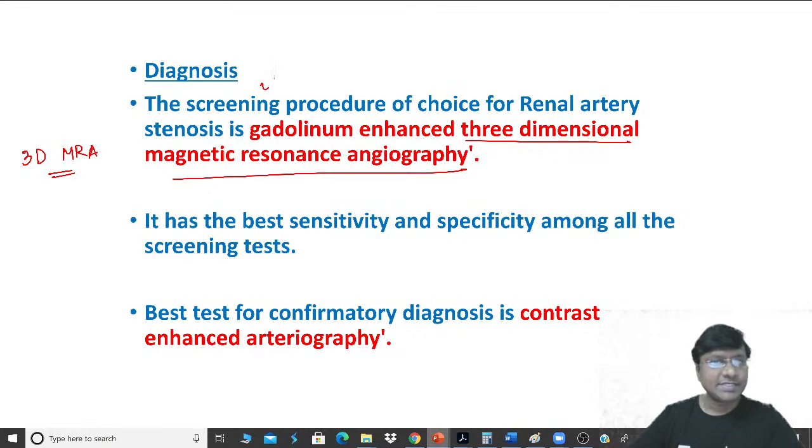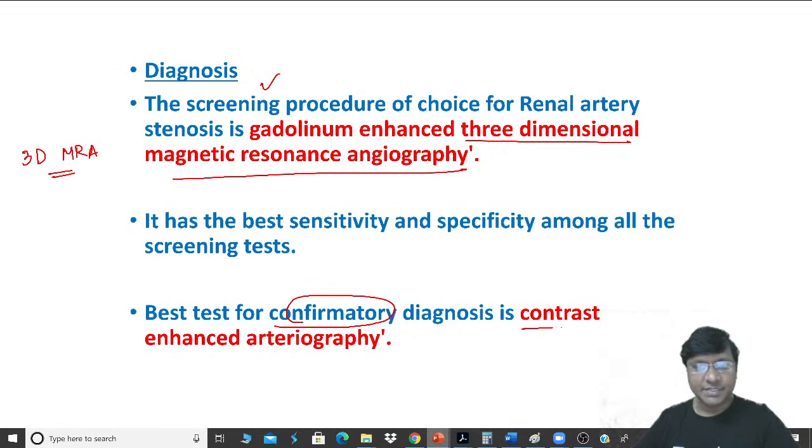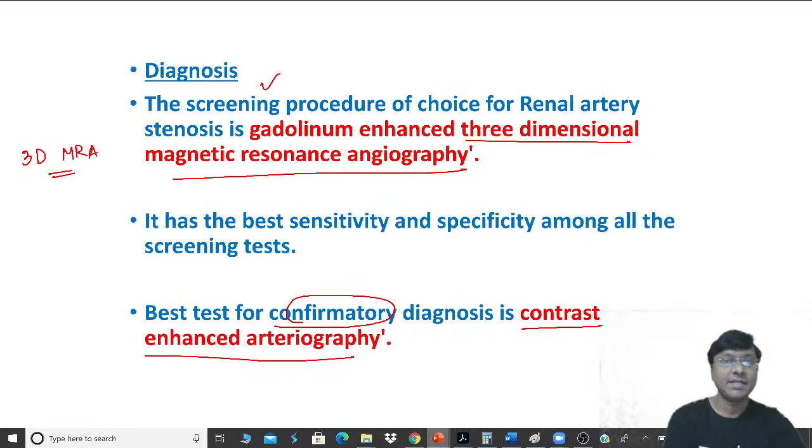That is the screening procedure of choice. But what is the confirmatory test for renal artery stenosis? The confirmatory test is contrast enhanced arteriography.